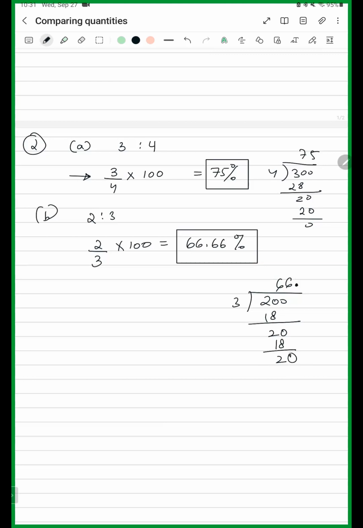Again 3 sixes are 18, 2 is the remainder again. It will keep on going like that. So we can just stop at 66.66%. Okay, understood. So now that is just converted into a fraction multiplied with 100. That's all. Give me a second to write.